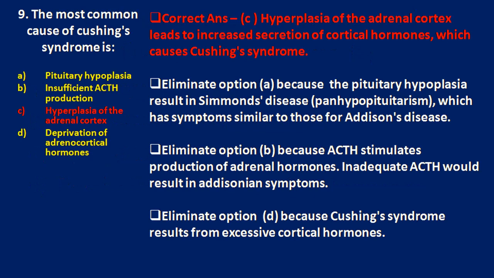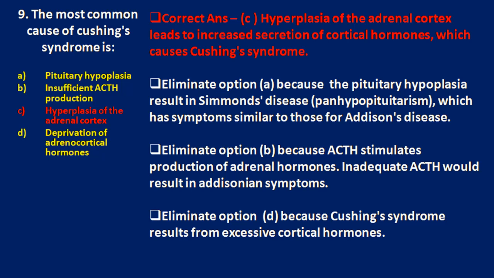Option A can be eliminated because pituitary hypoplasia results in Simmonds disease, that is panhypopituitarism, which has symptoms similar to those of Addison's disease. Eliminate option B because ACTH stimulates production of adrenal hormones. Inadequate ACTH would result in Addisonian symptoms, not Cushing syndrome.